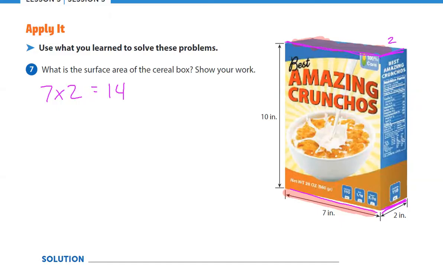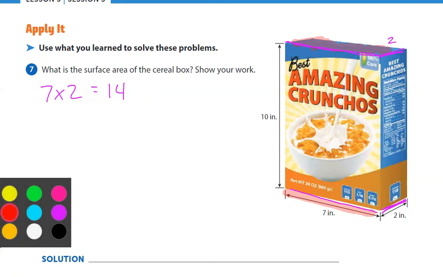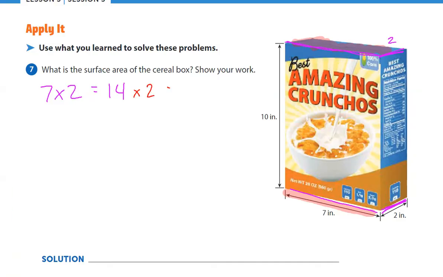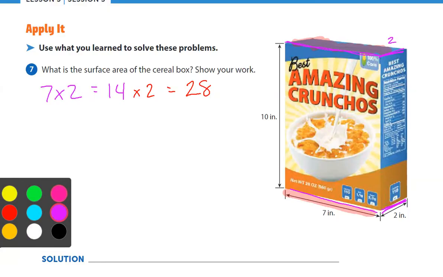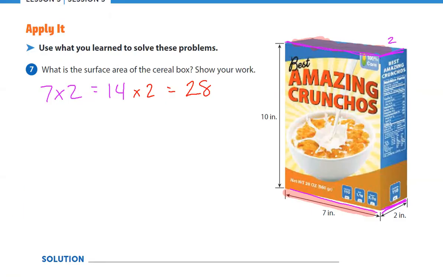So 14 times 2, I'm going to change my color there. 14 times 2 is 28. So the top and bottom are 28 square inches. Now we need to do the 2 sides, which are again 2 by 10, and I know this is 10 because this is 10, and these sides are corresponding to each other.